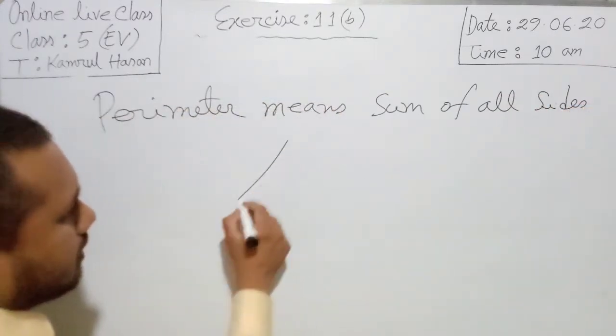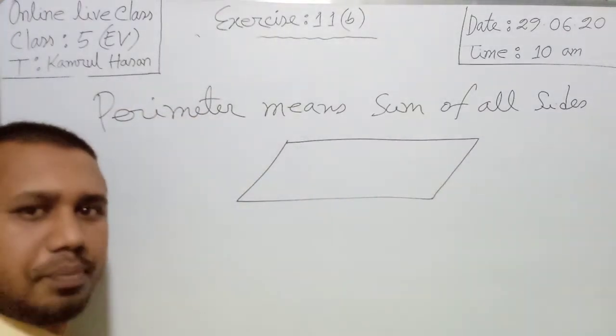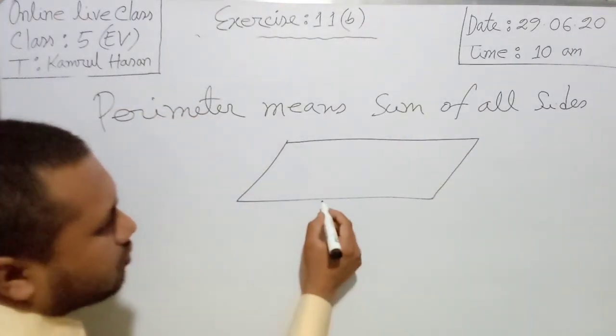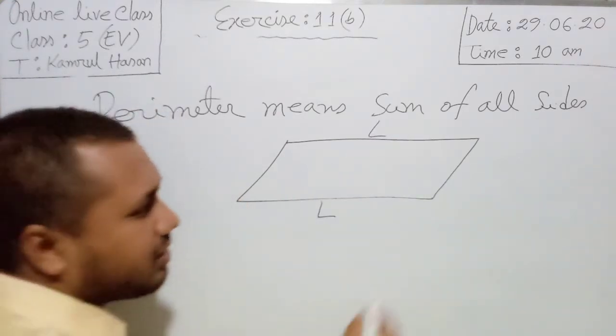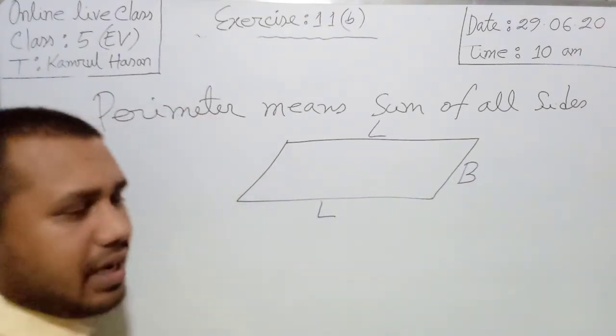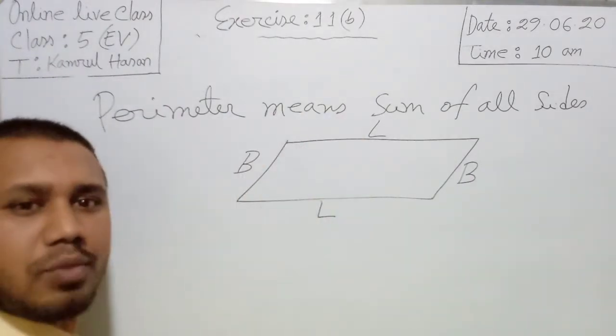Suppose this is a parallelogram. It's a parallelogram. Okay. So we can say this is our length. Also this is our length. This is our breadth. And also this is our breadth. So perimeter means sum of all sides.